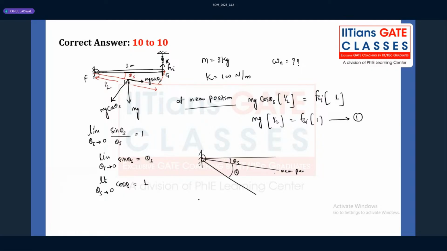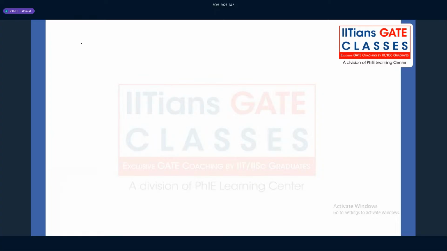But theta s is such a very small value that you can ignore it, and you can think that the mean position is the horizontal position only, and from there we are hypothetically disturbing it like this by the amount theta. So I am taking this mean position as horizontal only, and I am disturbing it like this.